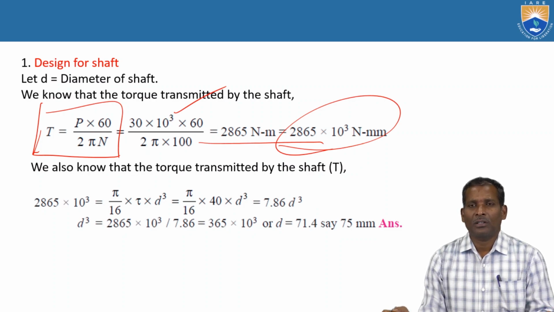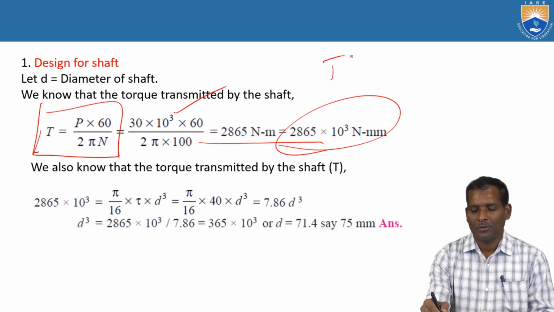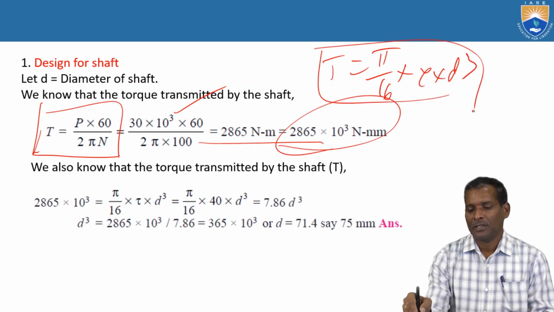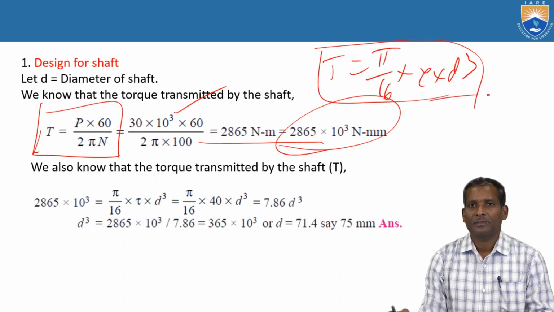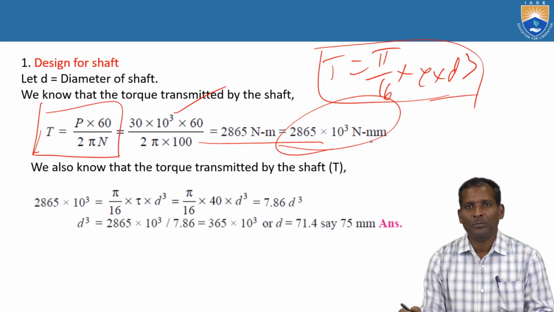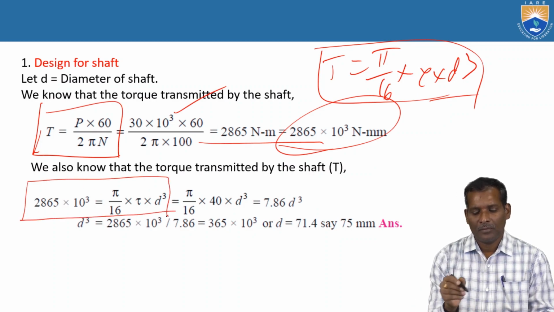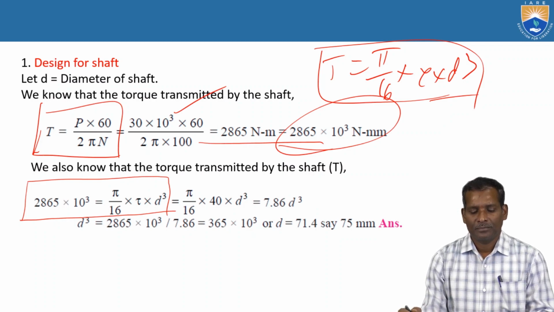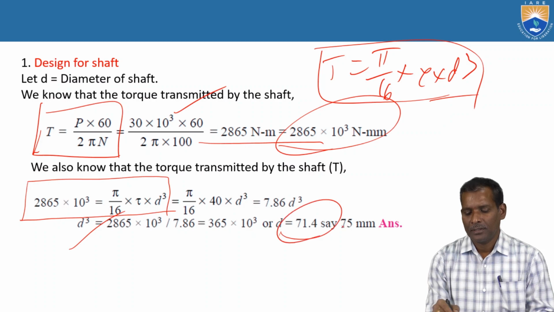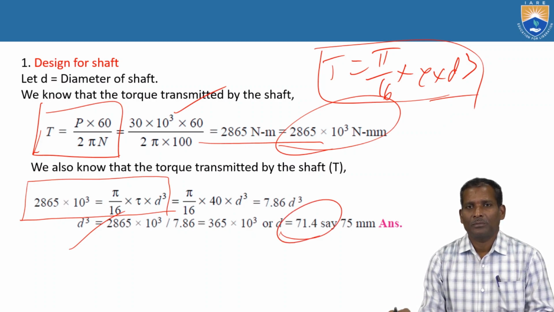Also, the torque transmitted by the shaft T is equal to pi by 16 into tau into D cube, considering a solid shaft. Substitute the calculated torque value and the shear stress, and find D. Here D is 71.4, so assume the standard value of 75 mm.